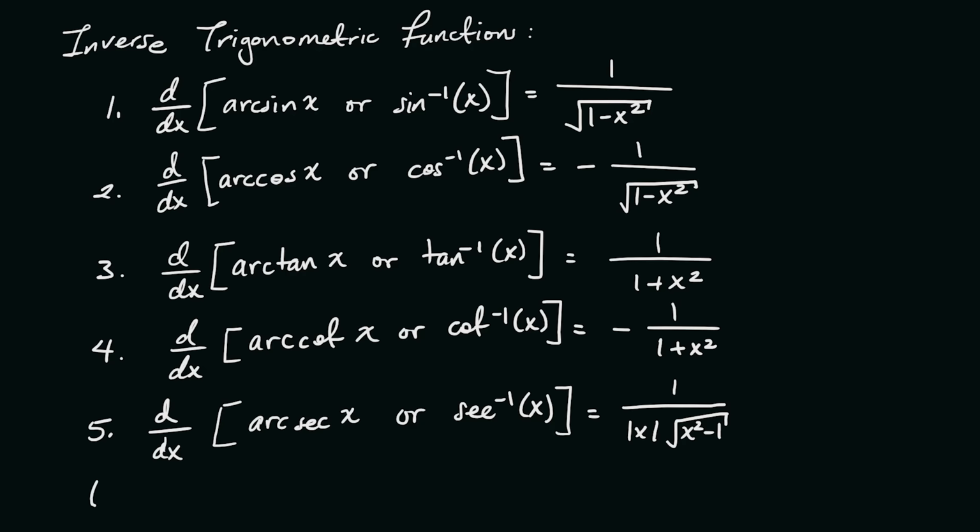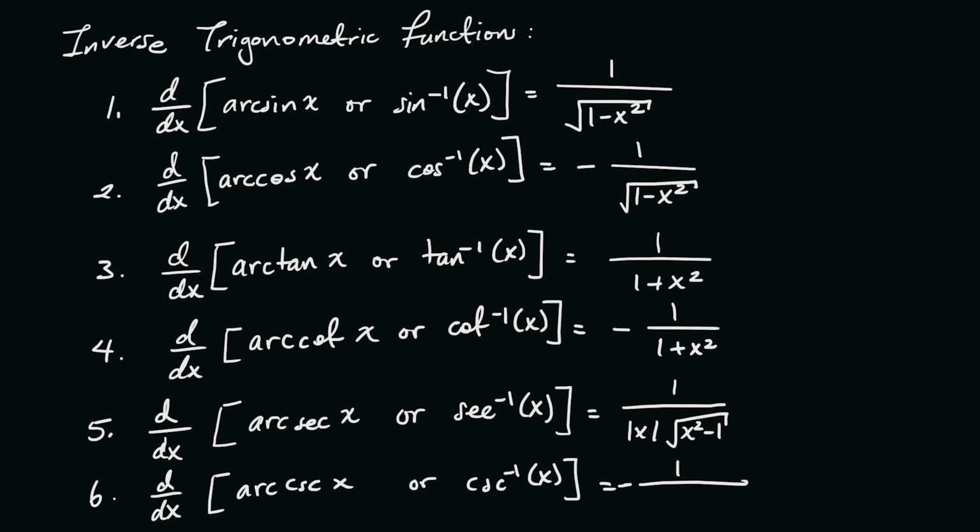And of course, last but not least, arc cosecant x or cosecant -1 of x equals the negative of 1 over the absolute value of x times the square root of x squared minus 1. There you go.